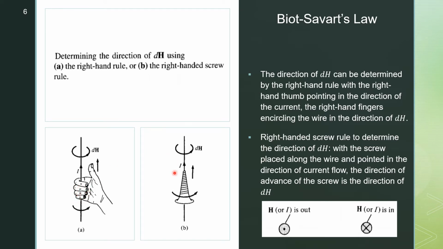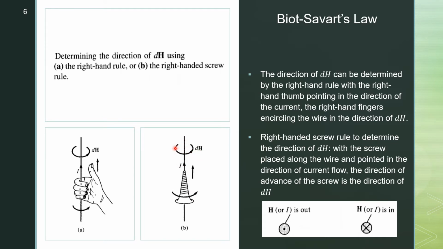The second rule is the right-handed screw rule. This is also used to determine the direction of dH, with the screw placed along the wire and pointing in the direction of current flow. So this represents the current flow, and the screw is placed along the direction of current flow. This is how the screw rotates, and this is how the screw advances. The direction of advance of the screw is the direction of dH.